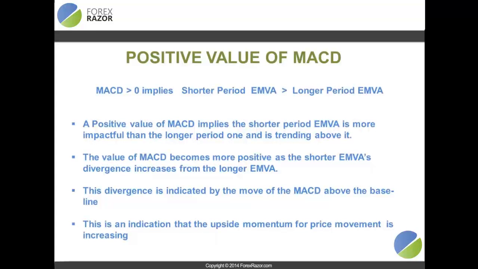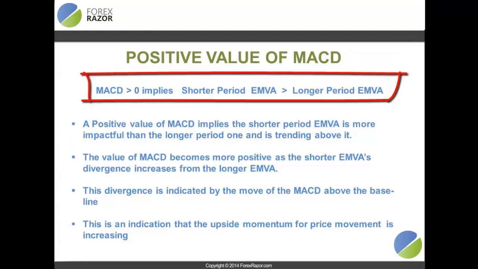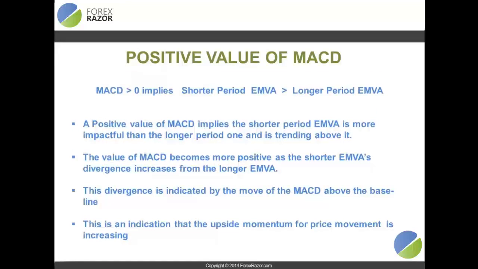We shall consider each of these scenarios one by one, starting with the case when the value of the MACD is positive. A positive value of MACD implies that the shorter period EMA, or exponential moving average, is more impactful than the longer period EMA and is trending above it.